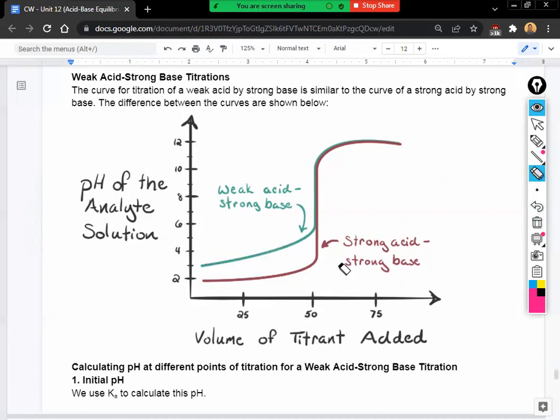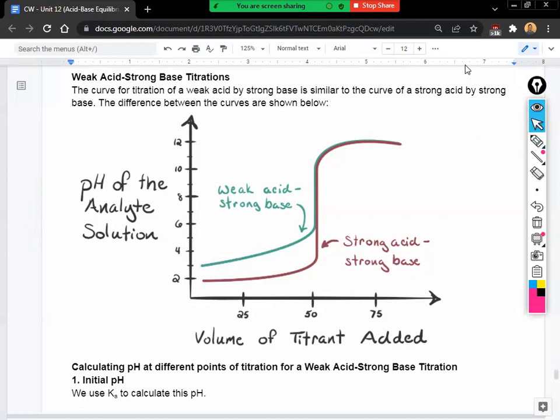The strong acid, strong base, it's a very flat slope, and then it goes super vertical and then flattens out again. The weak acid, strong base has more of a slope, so the rate of change is a little bit faster, and then it goes flat for the equivalence point, and the ending is pretty much the same as the strong acid, strong base. So just keep that in mind.